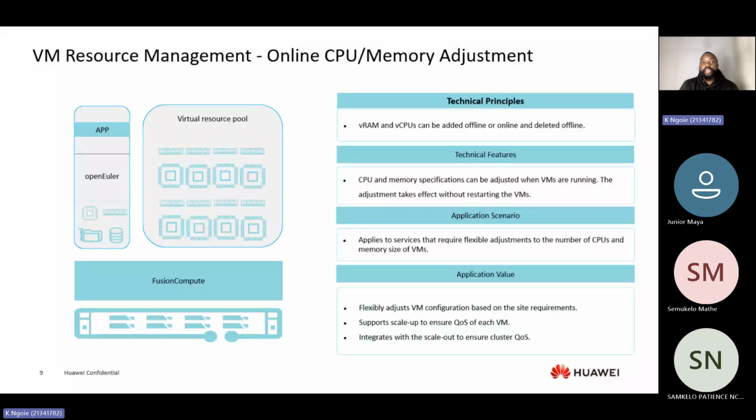FusionCompute can also provide flexible input-output resource configuration, for example, where we can add or delete the network interface card, online or offline. So these are a few features that we can have.